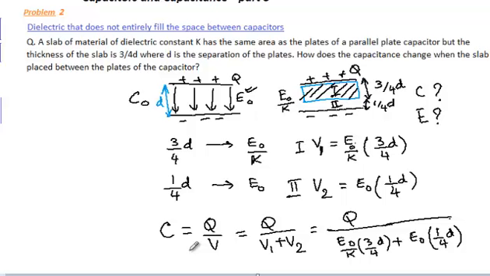Next we'll take a ratio of the new capacitance with the old capacitance. So we'll take a ratio of this value of C with this value of C naught.